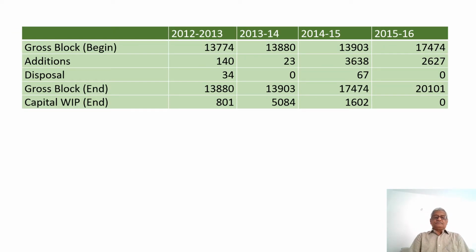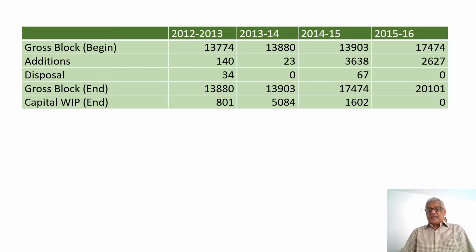Now look here. The second requirement of Schedule 3 of the Companies Act is to start with the opening balance and end at the closing balance, giving details of additions and disposals. Here, during the period from 1-4-2012 to 31-3-2013, the company added machinery worth 140 and disposed of machinery worth 34.